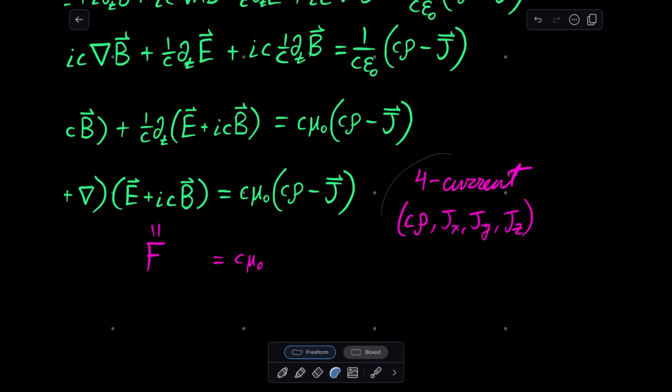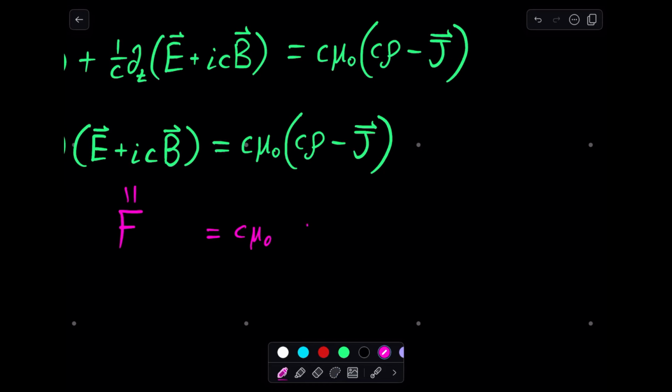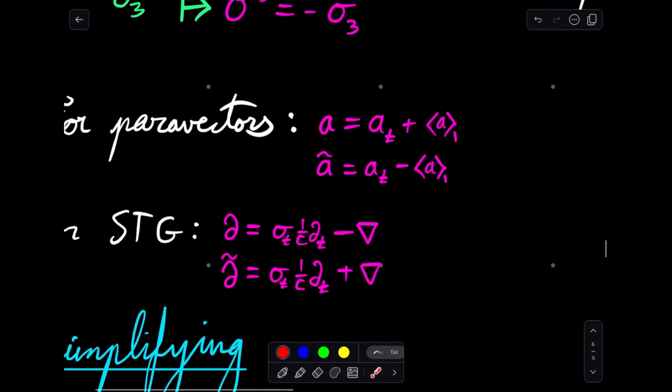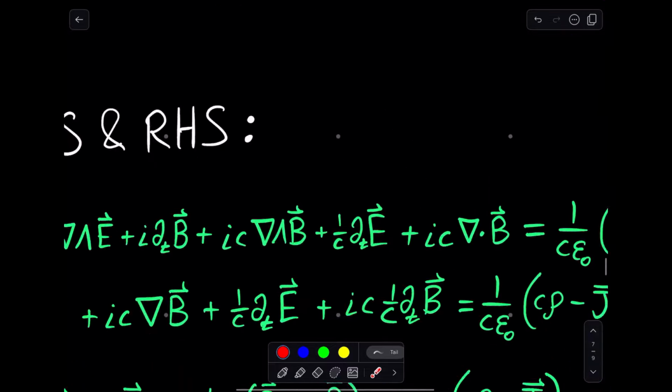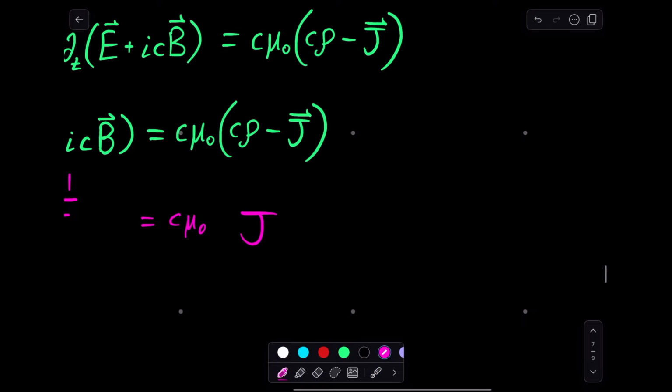So we can just write this as the four-current, just a J without a vector. But because there's this minus sign right here, and our earlier identification with the minus sign with the Clifford conjugate, we have to write this as J Clifford conjugate.